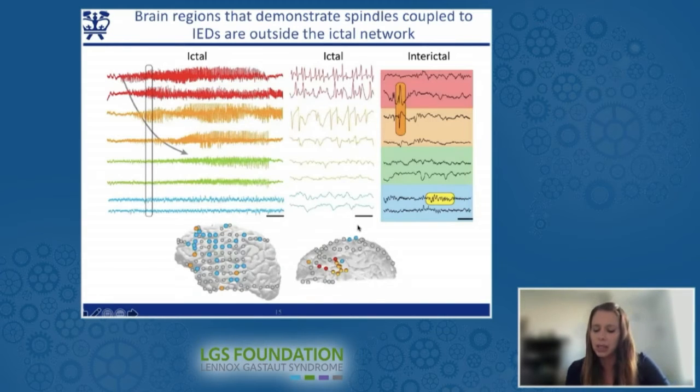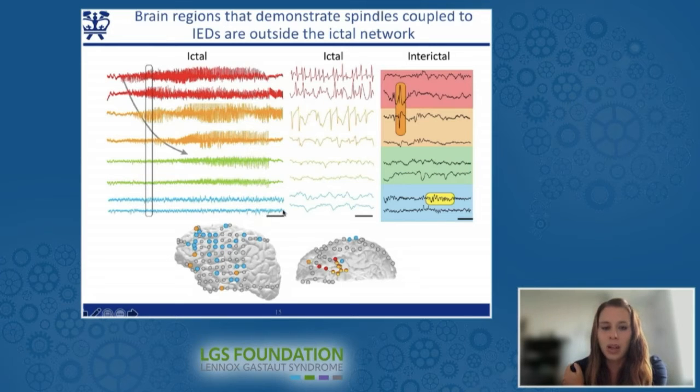So how does this relate to the actual seizure network? Here's an example of one of our patients showing a seizure. The red and the orange electrodes show the seizure onset. The seizure is subsequently recruited through the green electrodes, and the blue electrodes are unaffected.